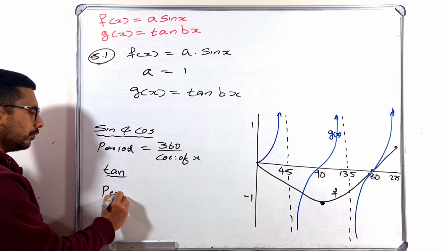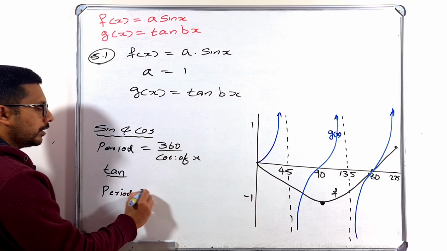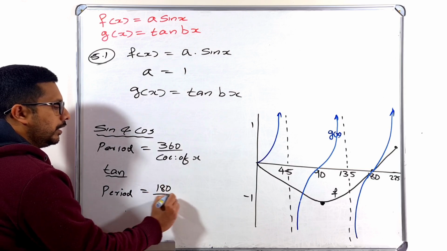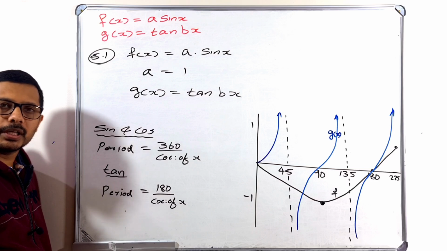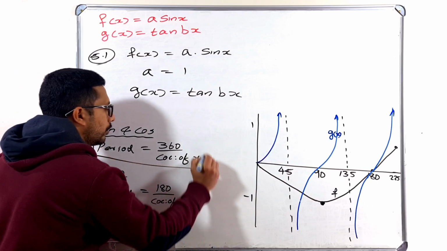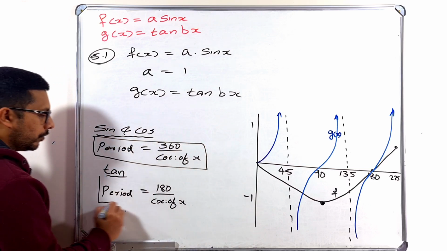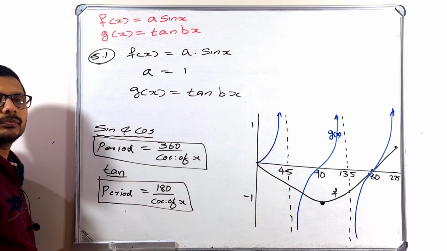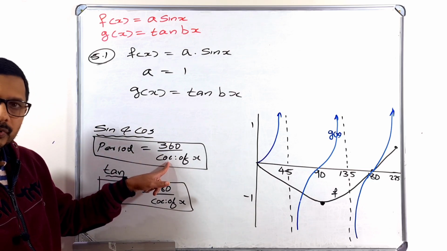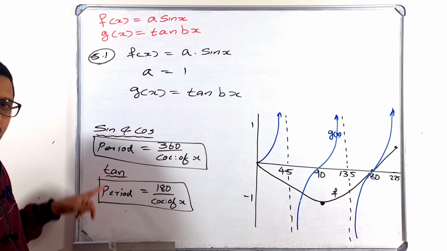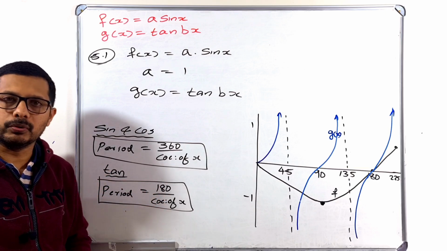Period is equal to 180 divided by coefficient of x. This is what you studied in small classes, how to find the period of a graph for sine and cos and for tan graph.